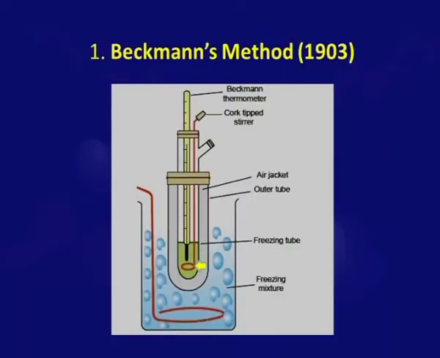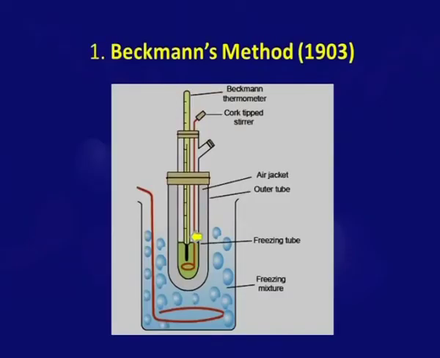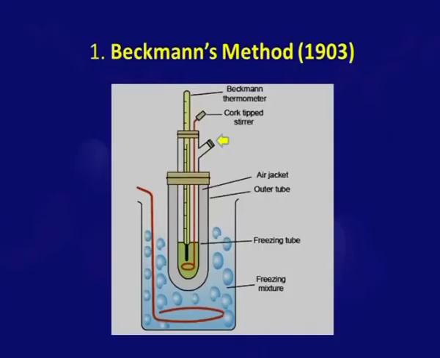The temperature will rise because latent heat will be set free. Note the highest temperature recorded. This will be the accurate freezing point of the solvent. Now remove the solvent tube, add some weighed amount of solute and record the freezing point of the solution again with similar process.